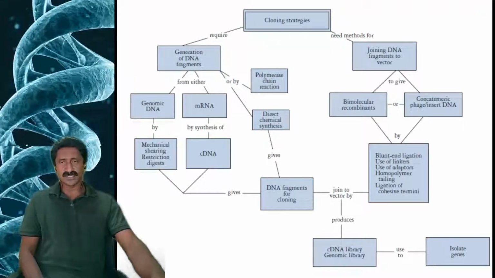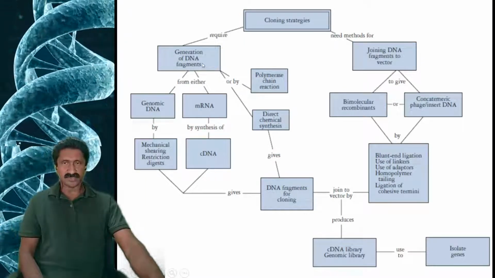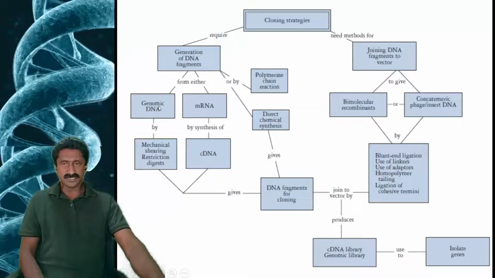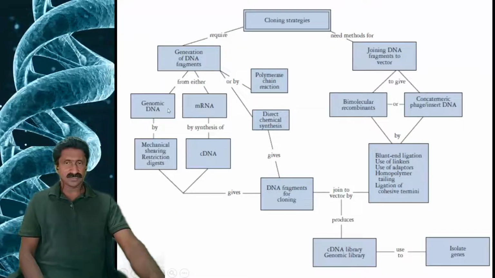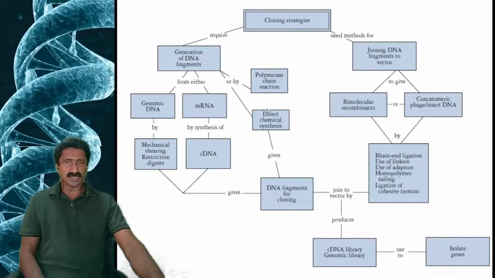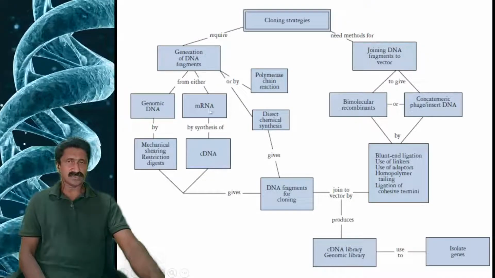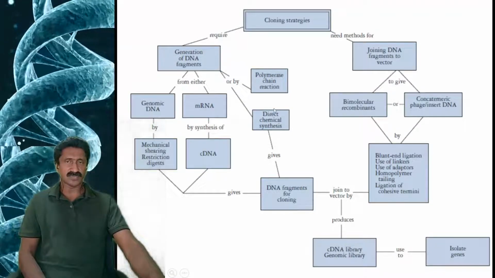The cloning strategies require generation of the DNA fragments from either genomic DNA or mRNA, or by polymerase chain reaction, or direct chemical synthesis. So various methods can be used for obtaining the DNA fragments.